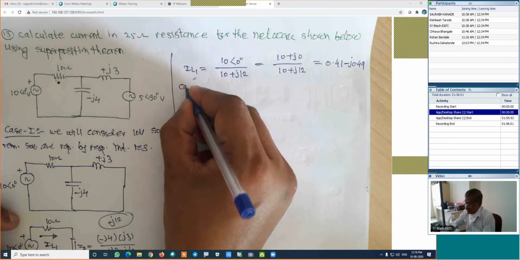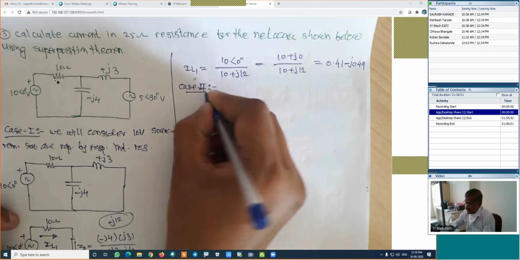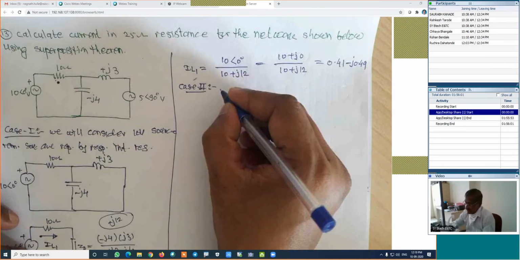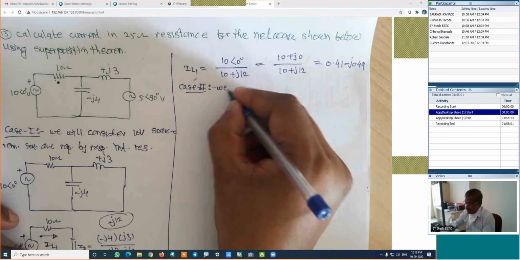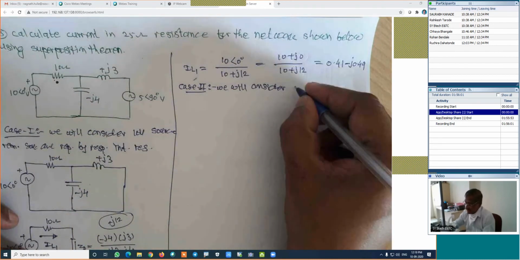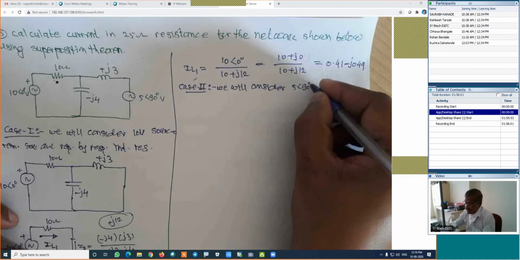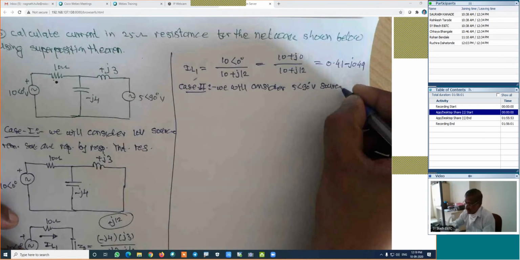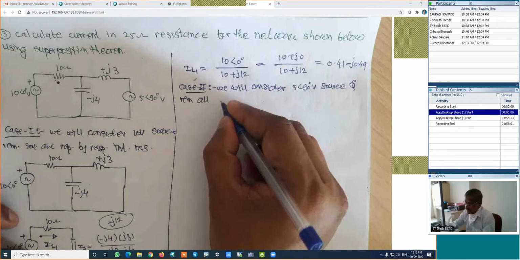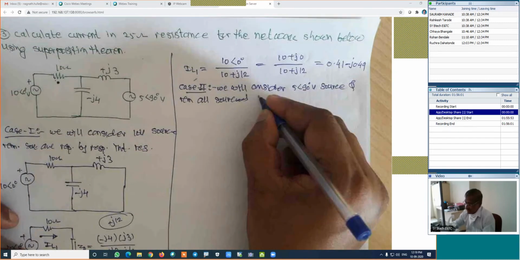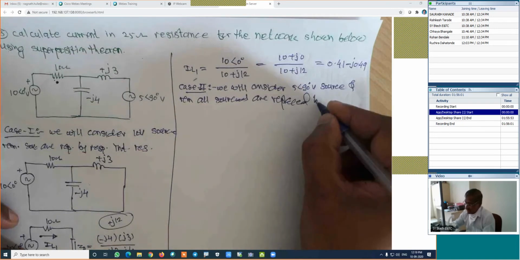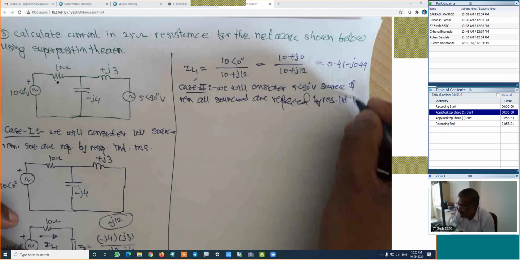Now case 2. Consider case 2, and in case 2 we will consider this source with angle 90 degrees, and all the remaining sources are replaced by their respective internal resistances.